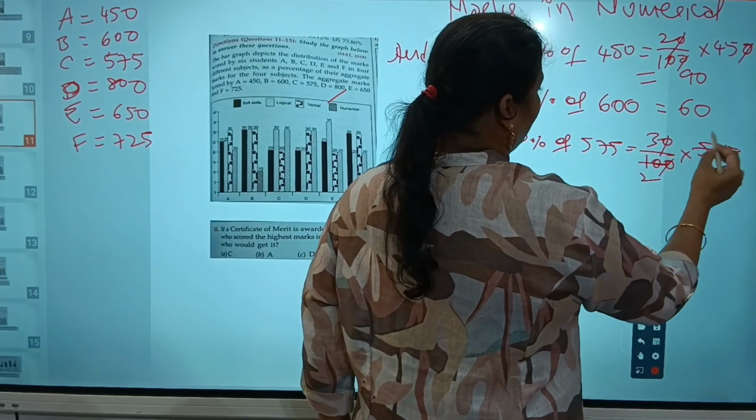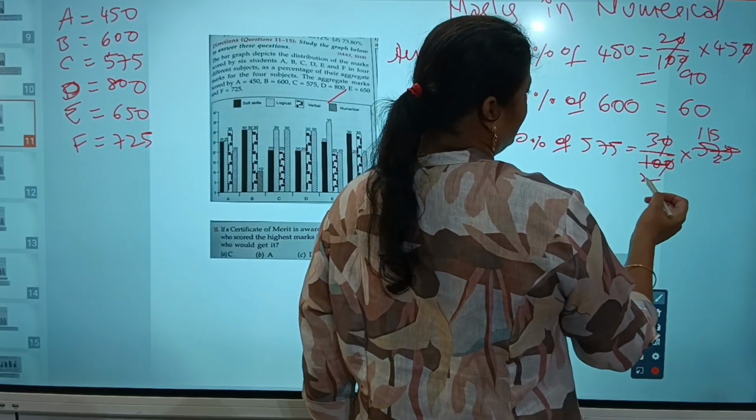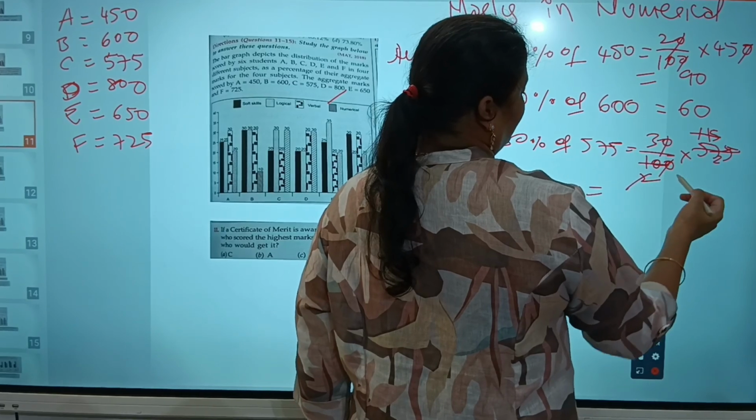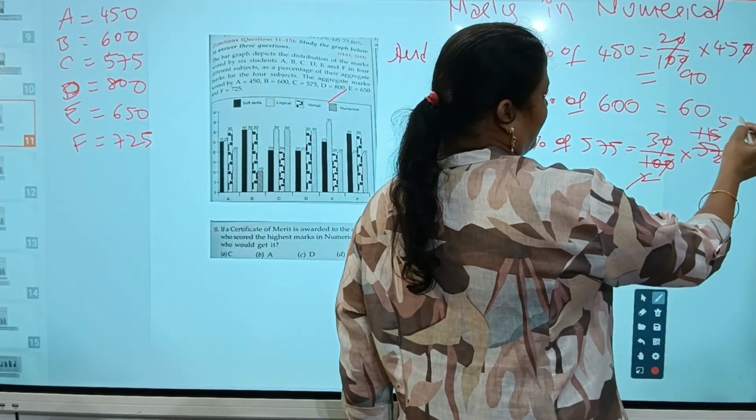So it will come to around 114, means 57 into 3.